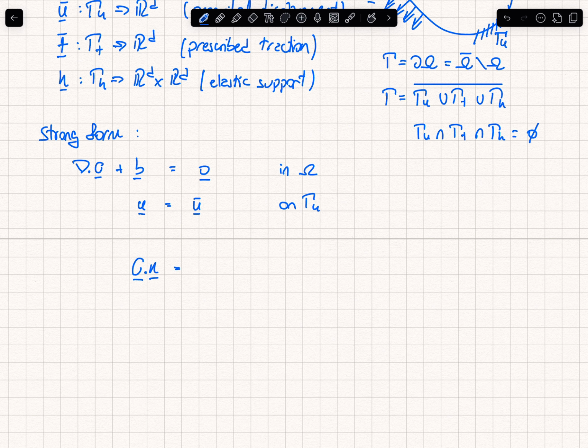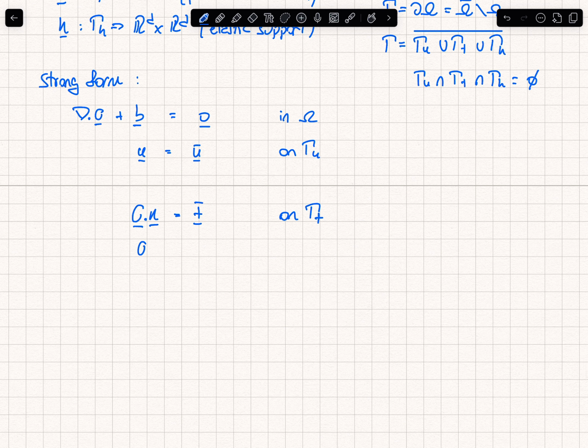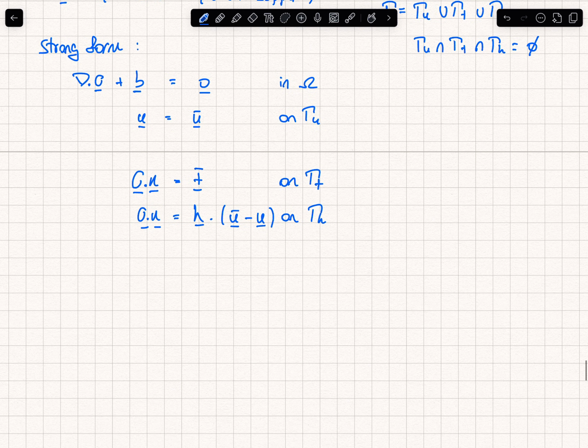This is called Cauchy equation, and it's basically setting our Neumann boundary condition. And our Robin boundary condition, on gamma h. Remember, as usual, it consists of a part that we know and a part that we don't know.